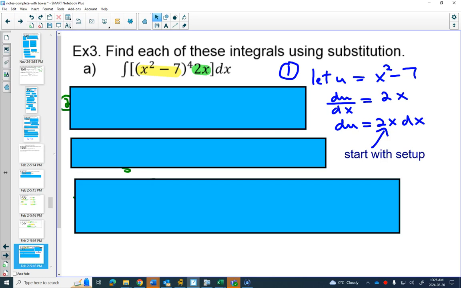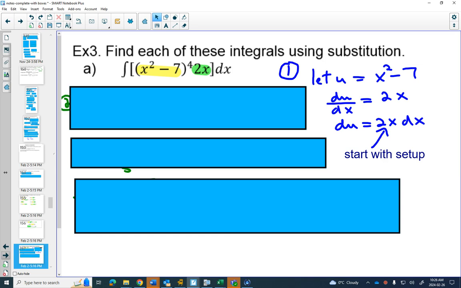We find the derivative, du dx. And then we get du by itself by multiplying both sides by dx. So this is our setup.